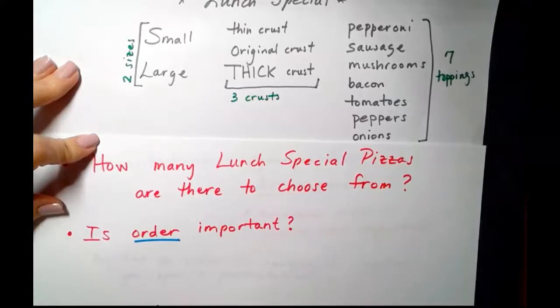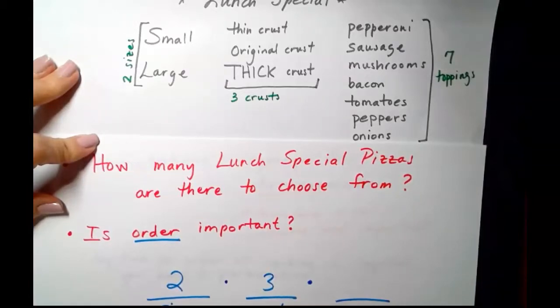So, how many lunch special pizzas are there to choose from? Well, first of all, let's choose a size. How many sizes are there to choose from? There are 2. And then, how many crusts are there to choose from? Well, there's 3. And then, how many toppings are there to choose from? There are 7. So 2 times 3 times 7. 6 times 7, 42.